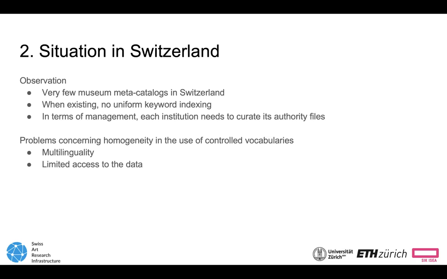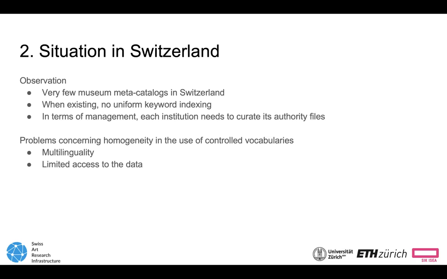And for the museum professionals, in terms of management, each institution needs to create its authority files, and this takes a lot of time. In the survey we made, the respondents were aware of the situation and mentioned that their data were not interoperable. This lack of homogeneity in the use of controlled vocabularies is probably explained by two factors.